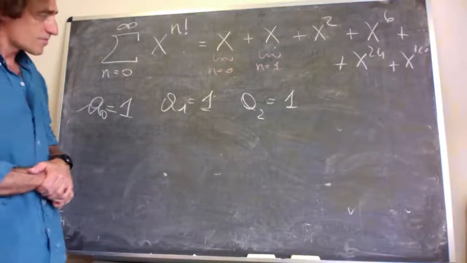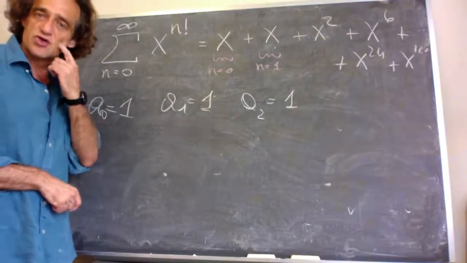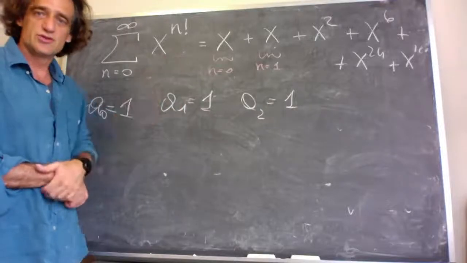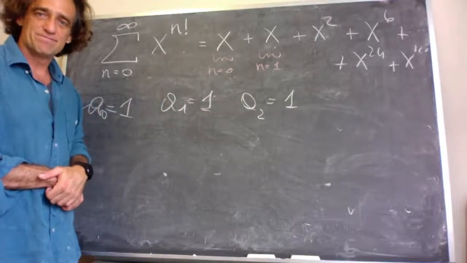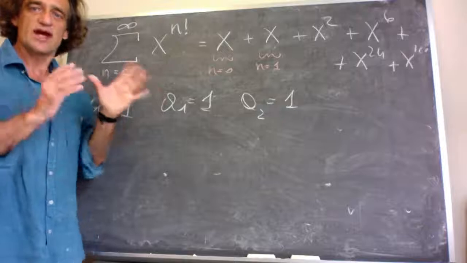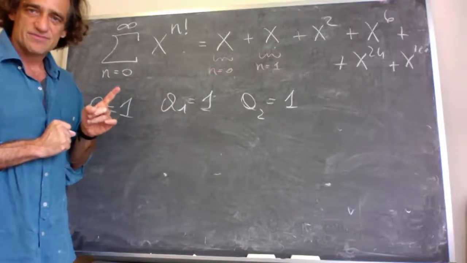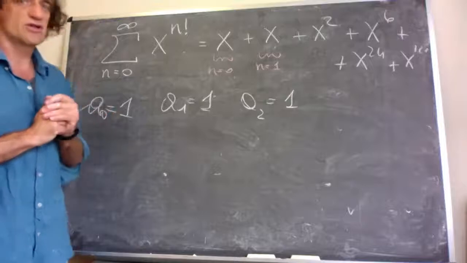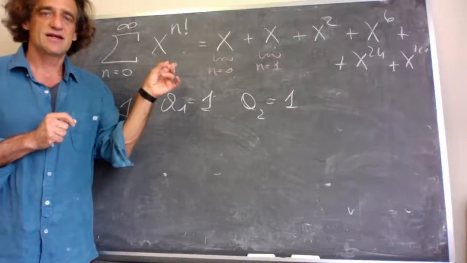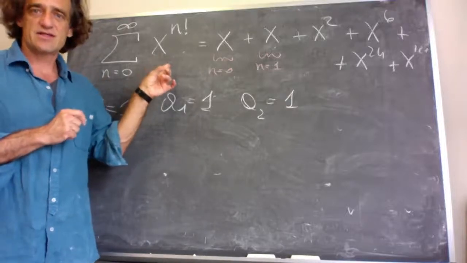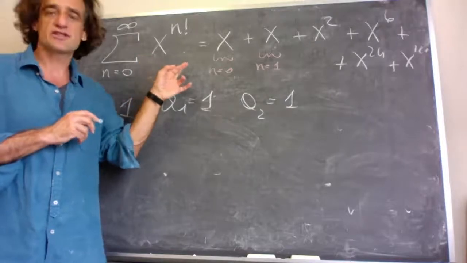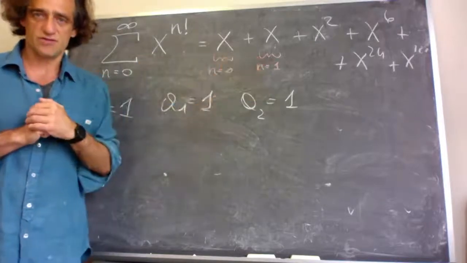So forget about the usual criteria and go to this series and try to work on it directly. First of all, it is easy to observe that if x is in absolute value larger than 1, then this series cannot converge.